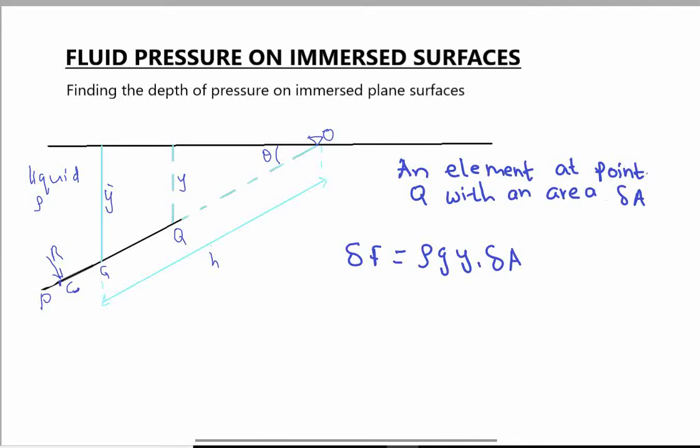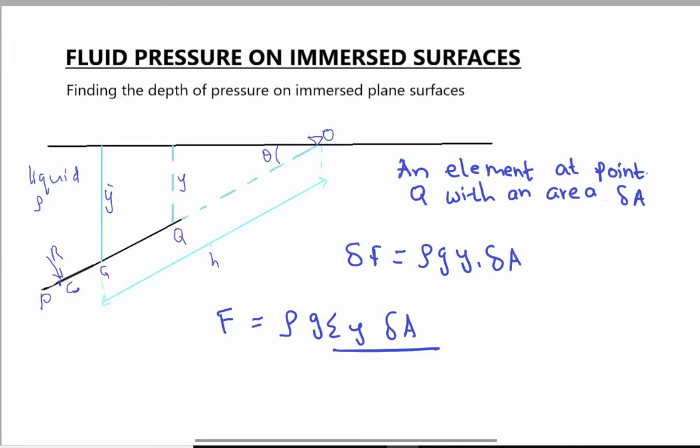So if I were to get the total force, it will be the summation, rho g times the summation of all those elements, the y's, the depths, and the areas of all those elements.